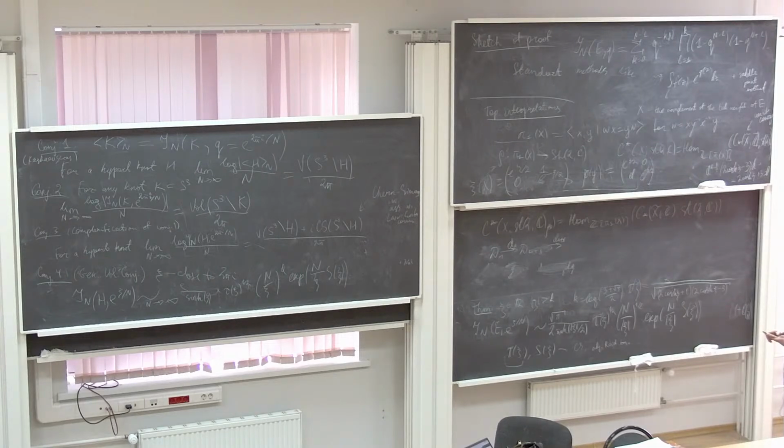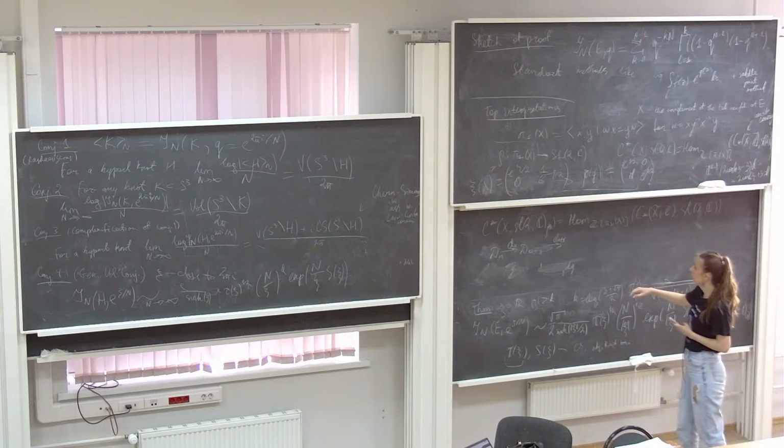So the Reidemeister torsion is some generalization of a volume and of the determinant, which can be defined like this.